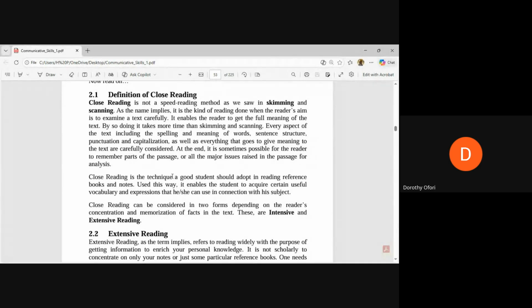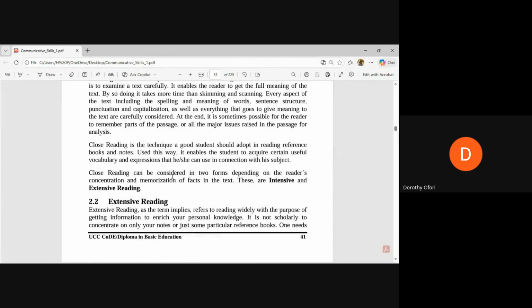You are also looking at the punctuation and capitalization. So this is what we call close reading. This is what a lot of us need, because mostly we don't take our time to digest everything. So this is what close reading is. Any question on close reading?